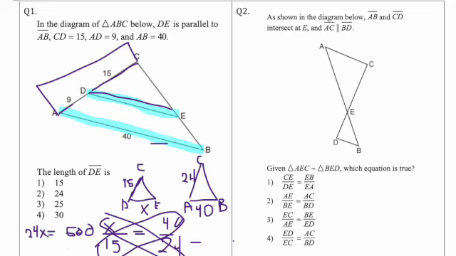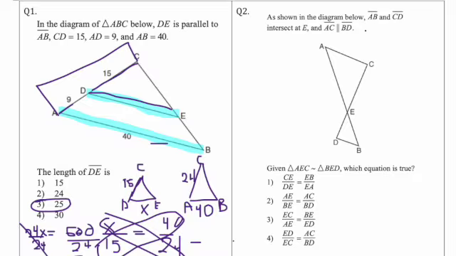And that equals 25. So DE is 25. We divided both sides by 24. Boom. X equals 25. Okay. Let's take a look at number 2.